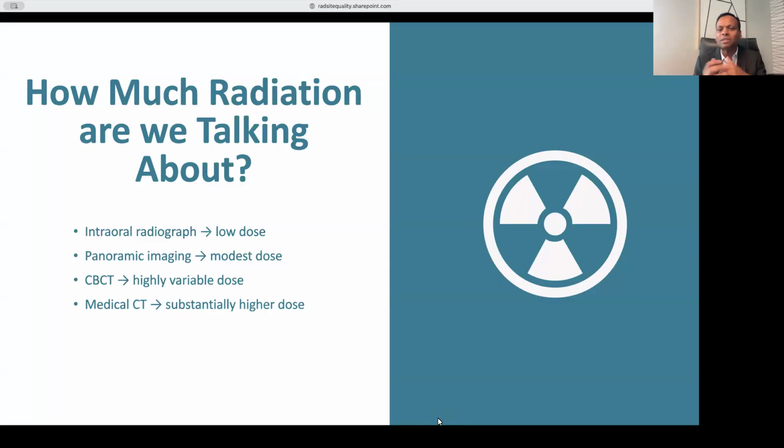Simply put, cone beam CT finds its middle ground between intraoral radiographs and medical CT. If you're interested in the numbers, it's somewhere between 100 to 400 microsieverts, depending on what manufacturer we're talking about. That would come to close to 10 days of background radiation. And on the other end of the spectrum, medical CT is a substantially higher dose, by which I mean it could be anything more than 2,000 to 3,000 microsieverts in terms of background radiation.